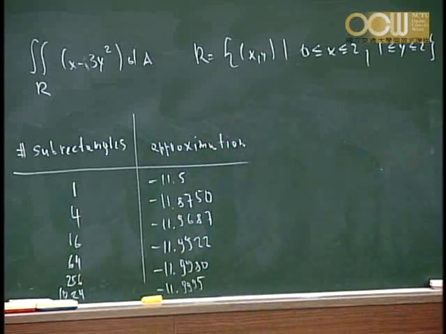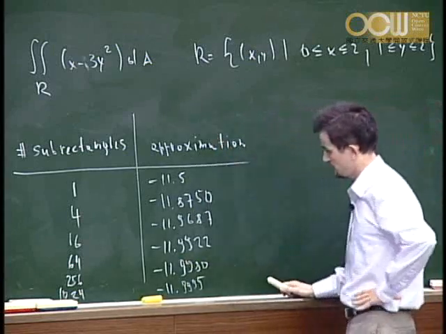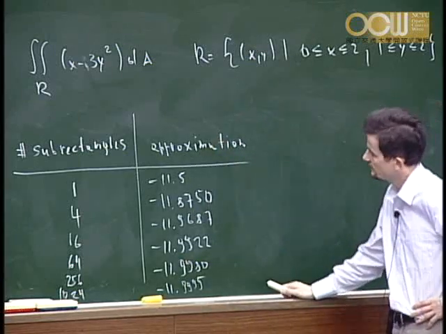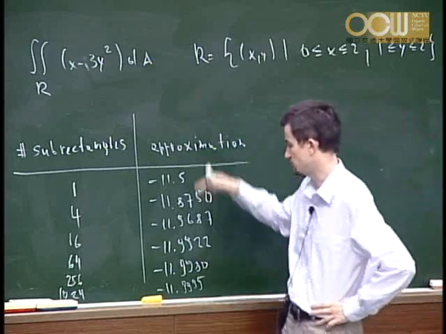You see, you are able to find a better and better approximation by using the midpoint rule for this integral here. And you easily end up with the guess that this integral should be equal to minus 12.